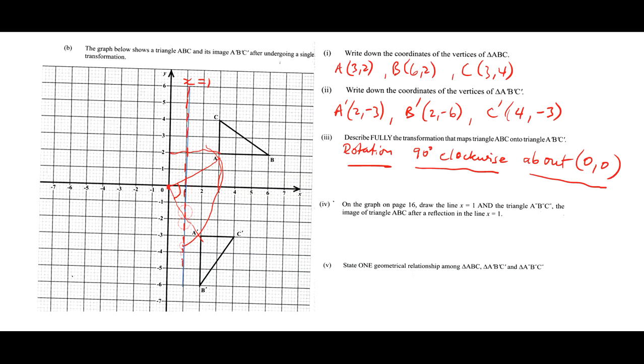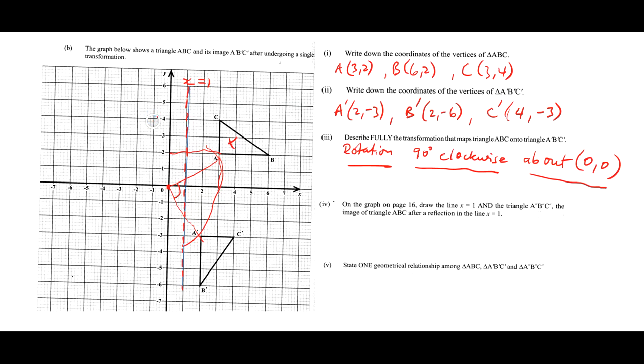This is the line x equal 1, and we want to draw this triangle here, A double prime, B double prime, C double prime, the image of triangle ABC after reflection, right? So we are taking this triangle here and reflecting it in the line x equal 1. When we are doing a reflection, so we have C here, so therefore it must be an equal distance behind the mirror line.